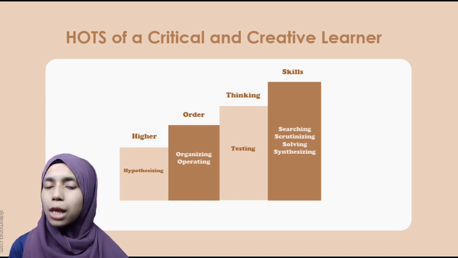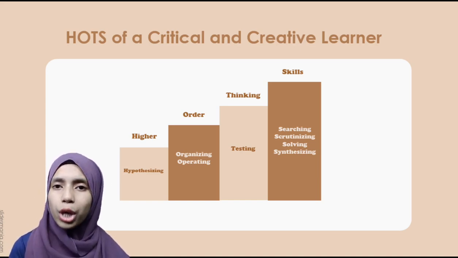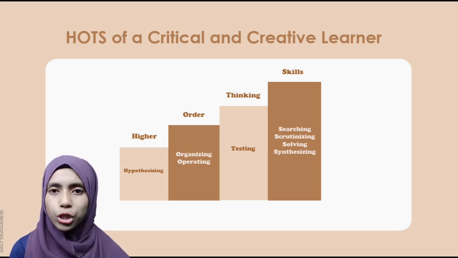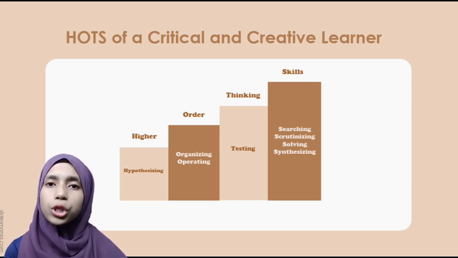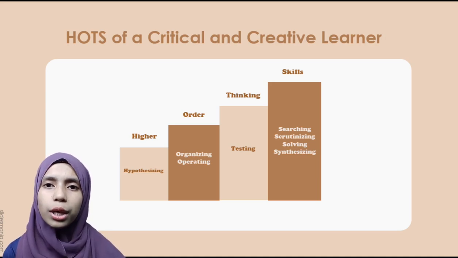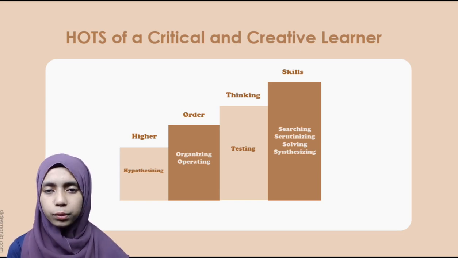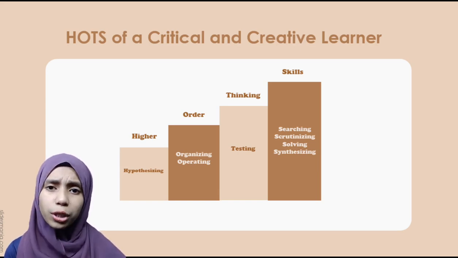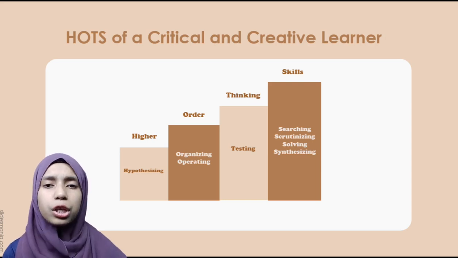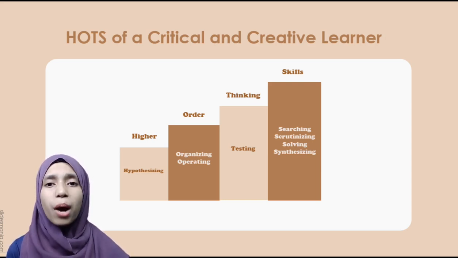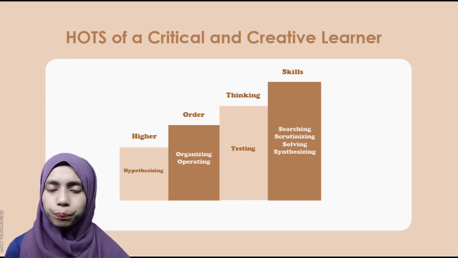And the next one is testing, which is when they try out their ideas or solutions. And searching, scrutinizing, solving, and synthesizing, when they look for answers, examine closely, solve problems, and combine ideas. So these hats are not just about getting the right answer, it's about the process of thinking, learning, and discovering.